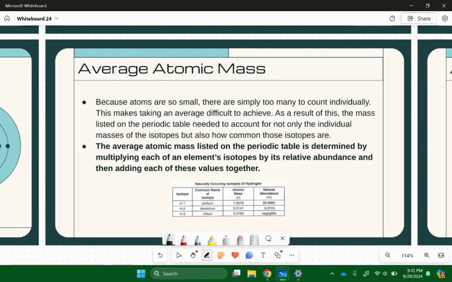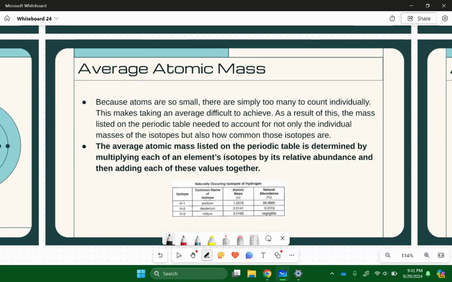Because atoms are so small, there's simply too many to count individually. You can't just sit there and count them individually. And this makes achieving an average really difficult to do. Because remember, to calculate an average, you have to get all of the values together, right? So you'd have to line all your atoms out and go, okay, 1, 1, 1, 1, 2, 3, 1, 3, 1, 1, 1, whatever, right?